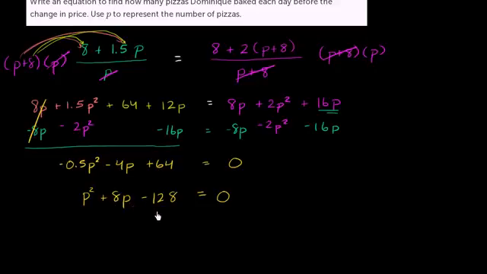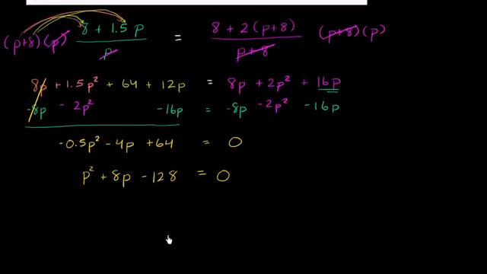So they're going to have different signs. Let's see what numbers these could be. 128 is the same thing as, let's see, 16 goes into 128. Let me work through this.